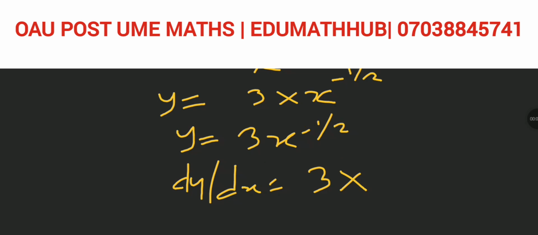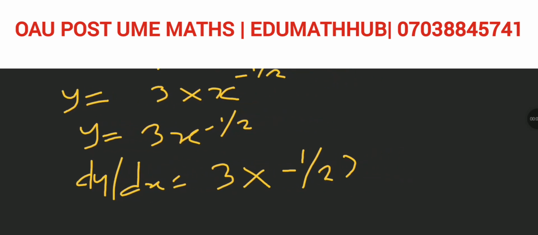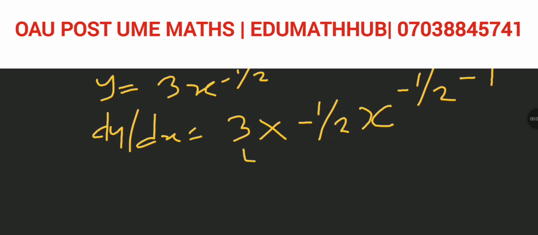So you're going to have minus 1 over 2, then you have the original variable x, then you subtract 1 from the power. That will be minus 1 over 2 minus 1. At the end of the day, you multiply these together and you get minus 3 over 2. Then you have x to the power minus half minus 1, which is the same thing as minus 3 over 2.